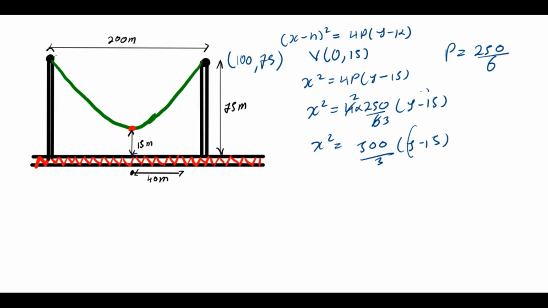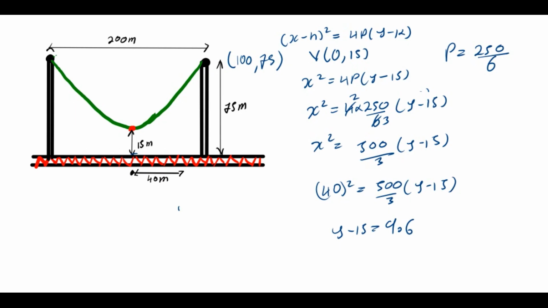So from here we can now determine what our y is. Because we want to know what the height is when the distance is 40 from the center. So if we plug in 40 squared, it equals 500 divided by 3 times (y minus 15). So you say 40 squared multiplied by 3 divided by 500, you get y minus 15 equals 9.6.